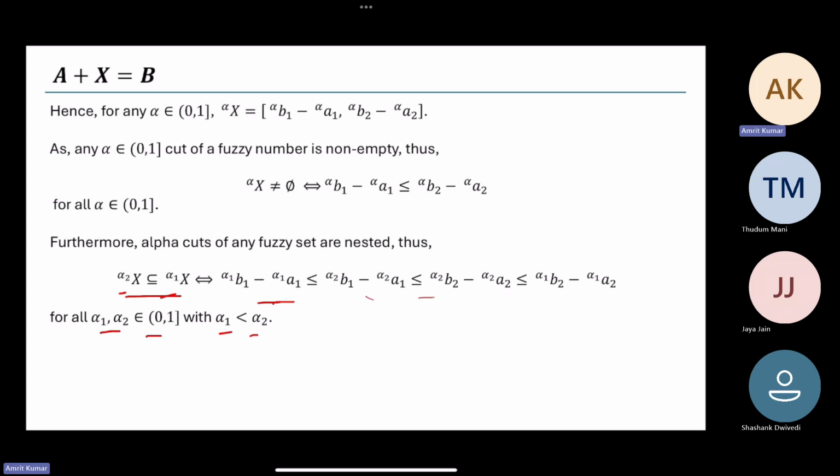Because when this holds, it essentially means that the closed and bounded interval from alpha 2 of B1 minus alpha 2 of A1, comma, alpha 2 of B2 minus alpha 2 of A2 will be included in the other one. But this is precisely the alpha 2 cut of x, and this is precisely the alpha 1 cut of x, right?